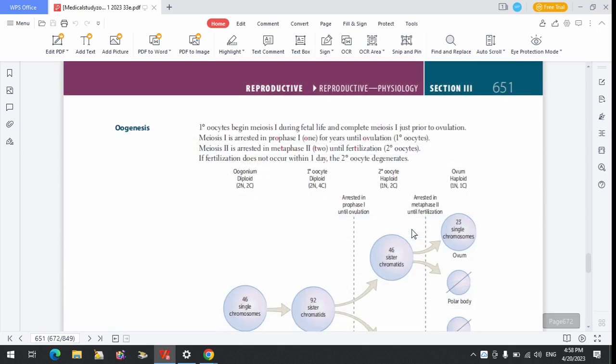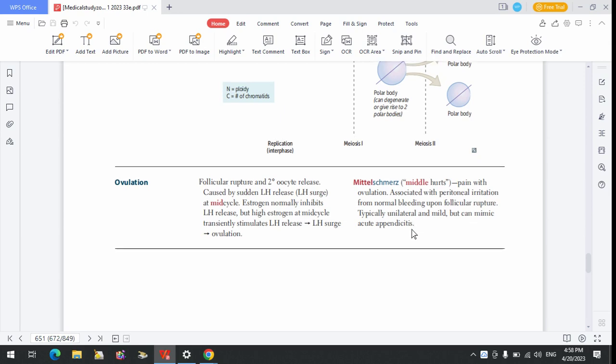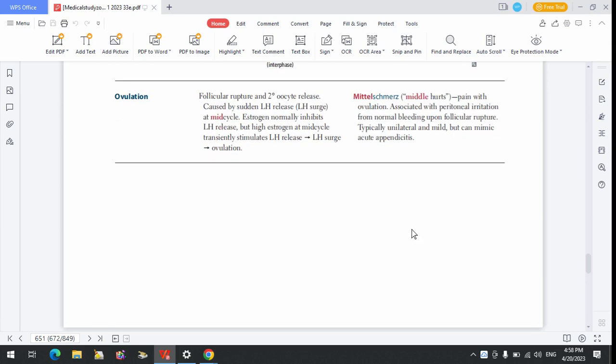That's just a summary of what was said here. So peritoneal irritation following normal bleeding due to follicular rupture can cause mittelschmerz, a pain that's usually unilateral and mild, because most of the time ovulation happens in only one ovary. It's not both. If it's released from both sides, the person is forming twins, and you know the majority of people release one egg, not two.